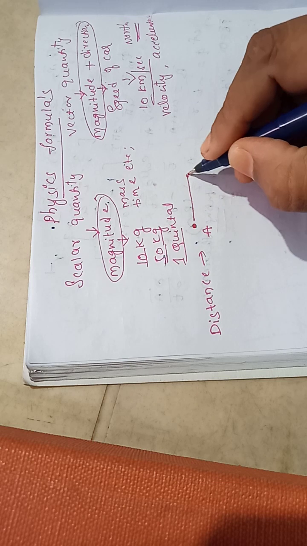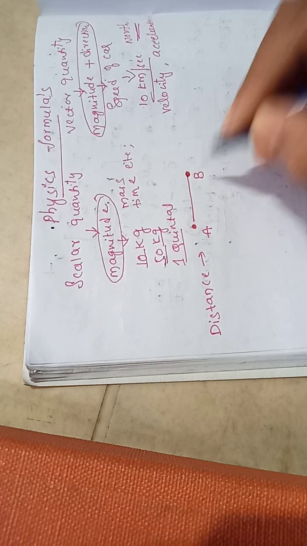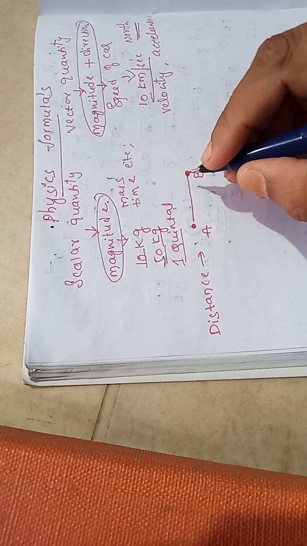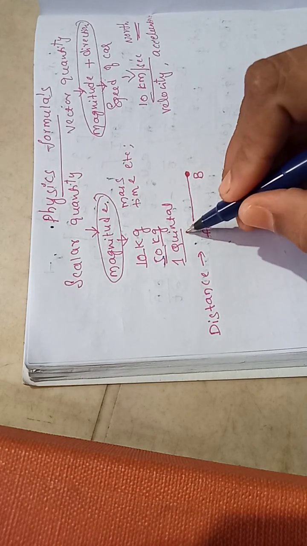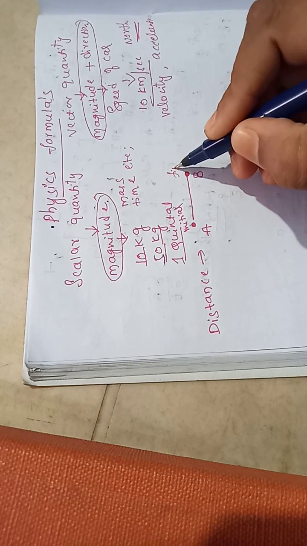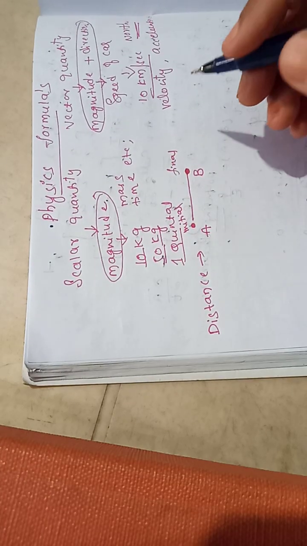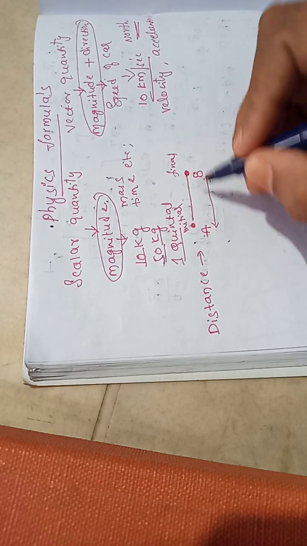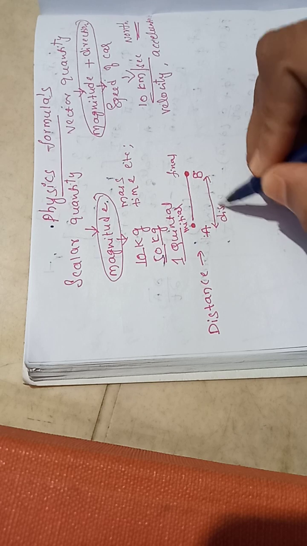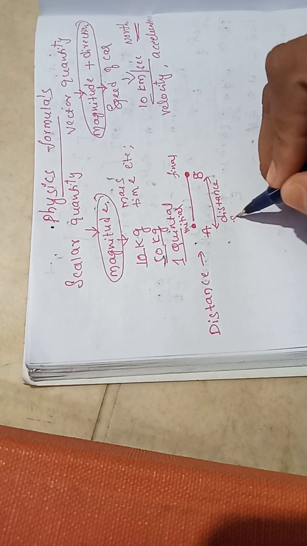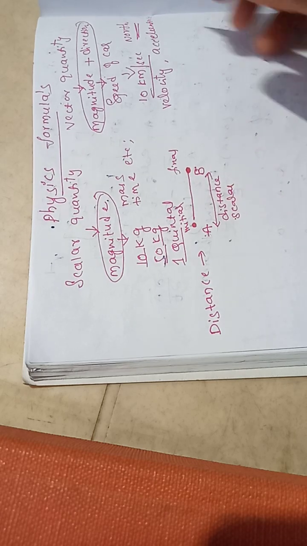He wants to go to the market which is located at position B. So now this becomes his initial position, and this becomes his final position. The length between A and B we call distance, and such distance is a scalar quantity, right?